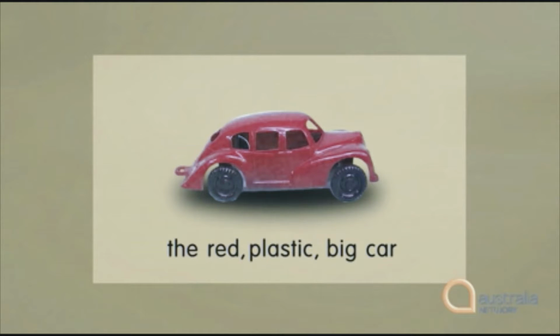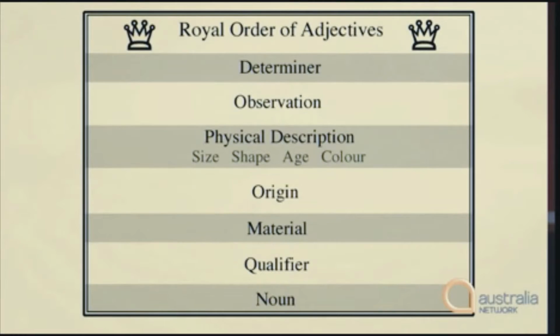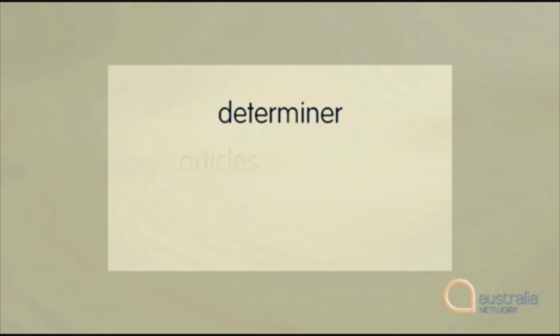How do you know which order to put the adjectives in? Well, for native speakers, it's just that it sounds right. But luckily, there are some rules. It's called the Royal Order of Adjectives. Let's have a look at it. First, we have the determiner. That's articles, a, an, the.